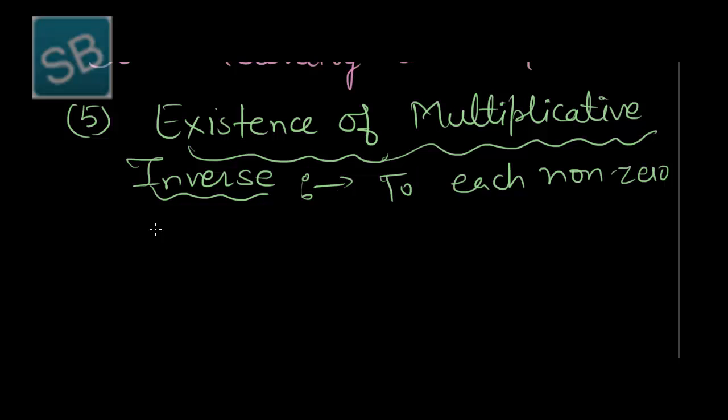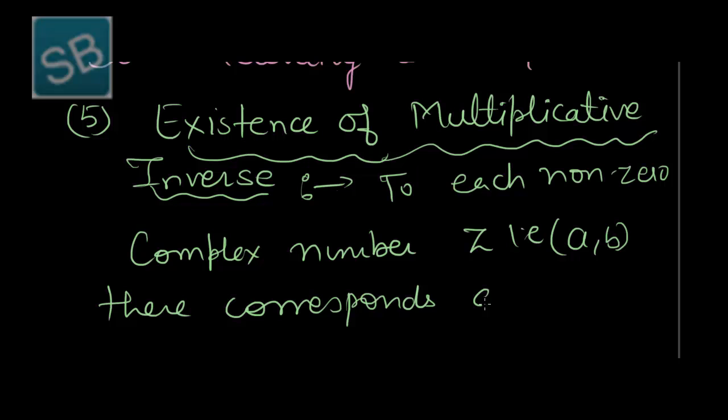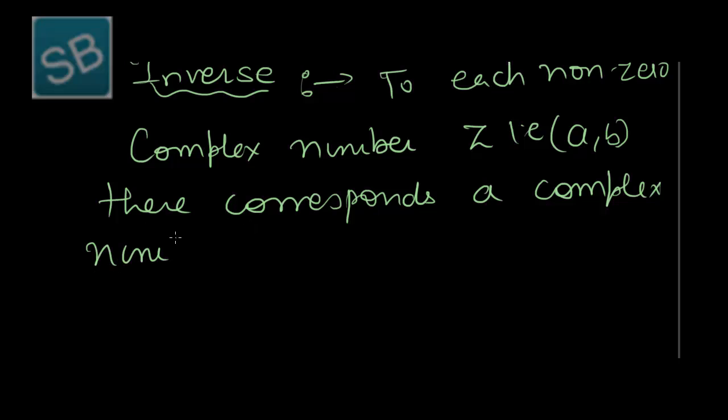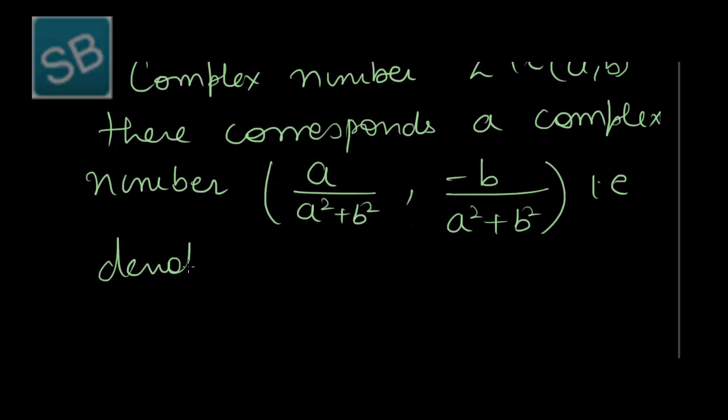So to each non-zero complex number z, that is the (a, b) ordered pair, there corresponds the complex number (a over a square plus b square, comma minus b over a square plus b square), that is denoted by Z inverse.